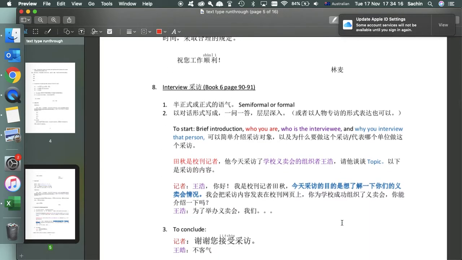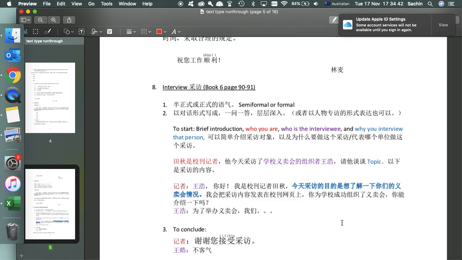Alright. Next is an interview. So we have 采访. This one can be semi-formal or formal depending on the question and who you're interviewing, as the question states. And to start, you have an introduction of who you are, who you're going to be interviewing, and then why you want to interview that person.